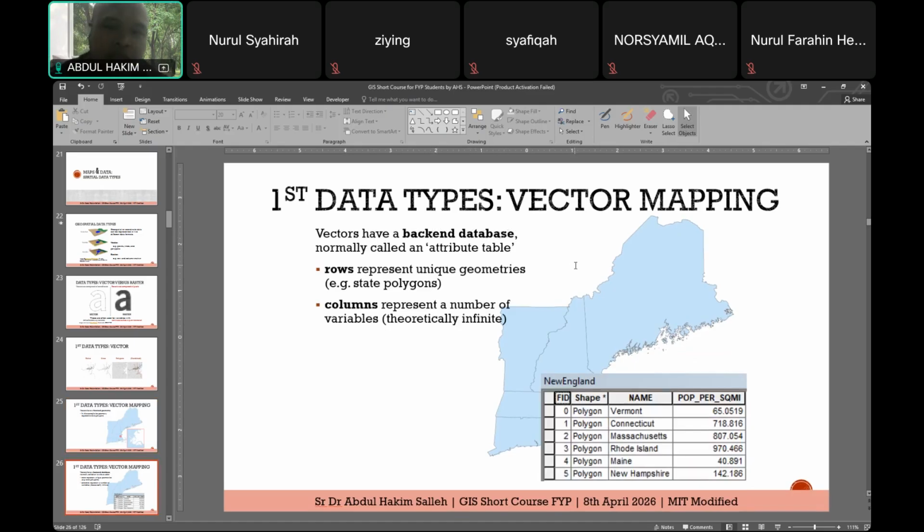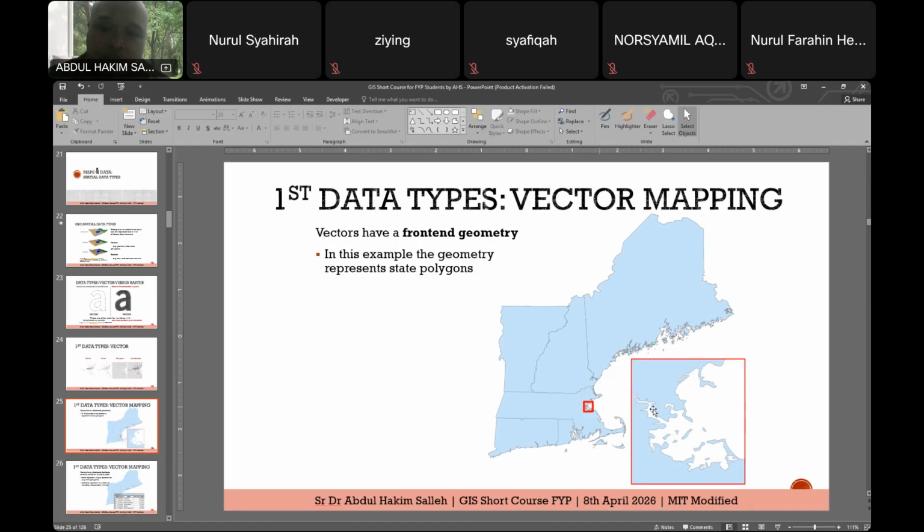Back-end database. For example, these locations. Okay. These locations can be displayed to you as it is, like this map. This is known as the front end. You cannot explain much, except perhaps you can explain the size of the states.